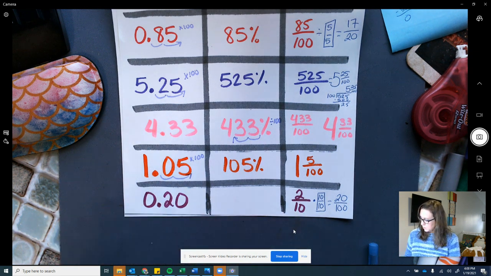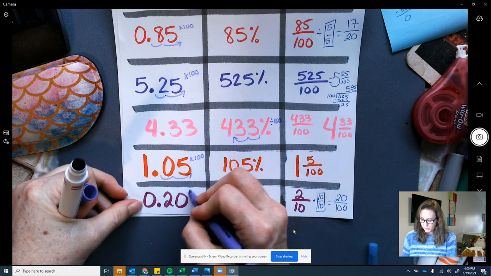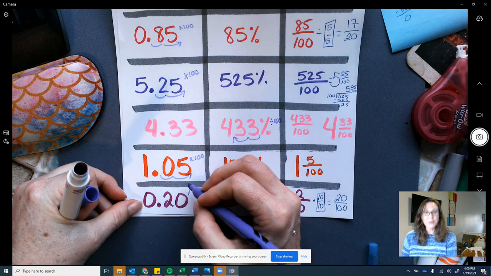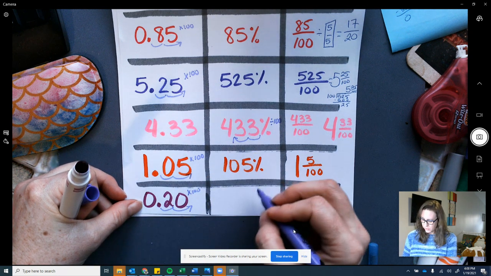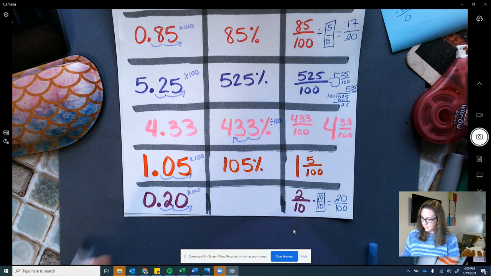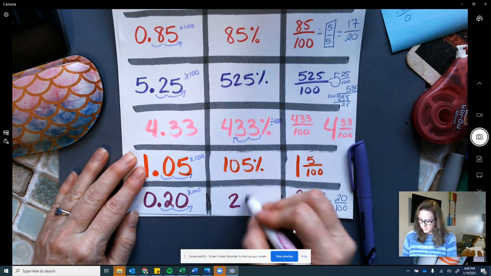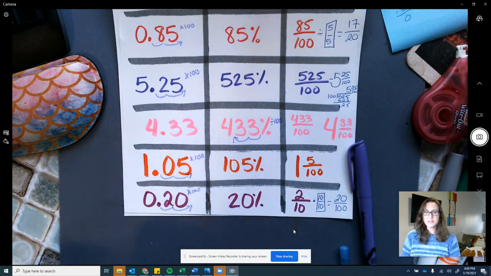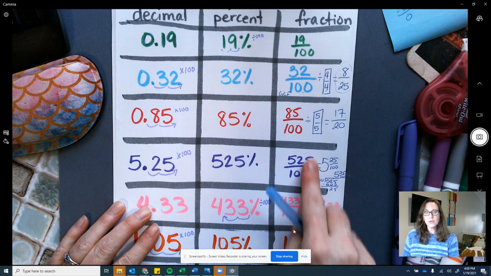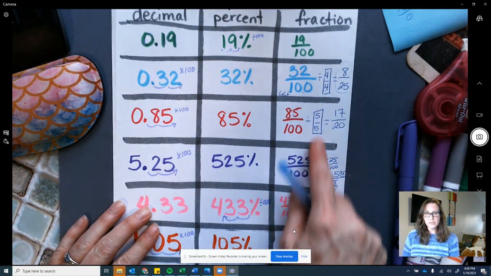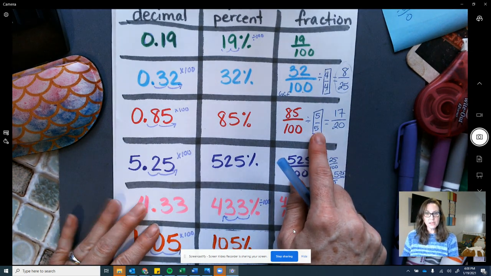And with our percent, we multiply by 100, so we go 2 places over, and we have 20%. All right.